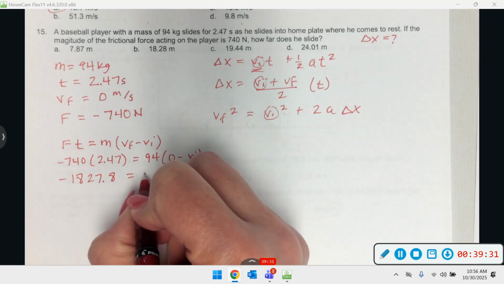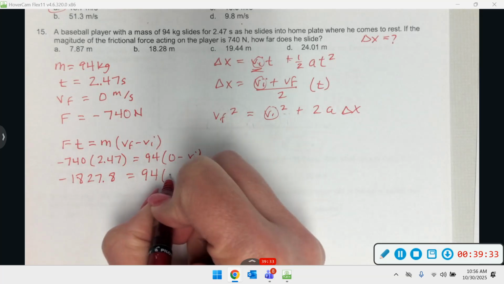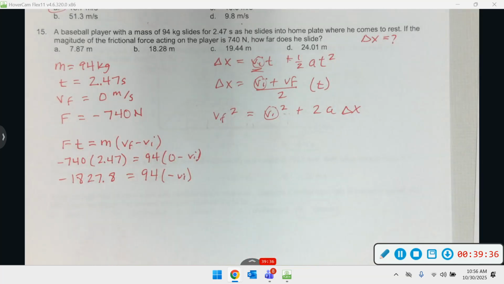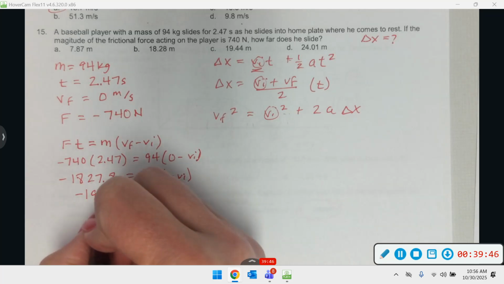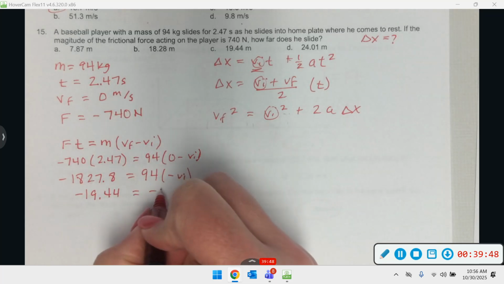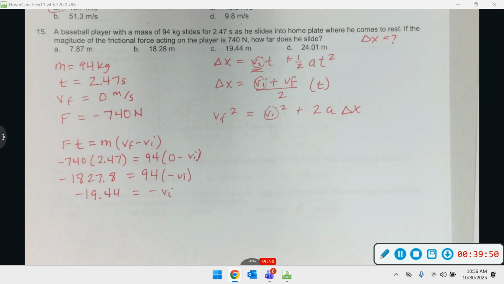And that is equal to 94 times negative VI. I'm not going to write the 0 again. It's just negative VI. Divide both sides by 94 and you get negative 19.44 equals negative VI, which of course means that positive VI is positive 19.44.